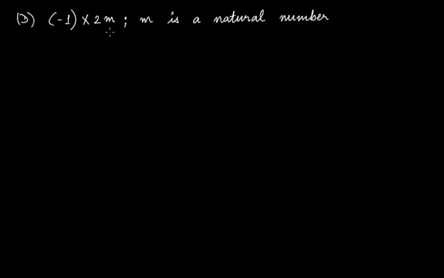So m can be any natural number, and you know that natural numbers start from 1, then 2, then 3, and so on, with no upper limit. Also, if you multiply any natural number with 2, be it 1, 2 or 3, it will always be an even number.